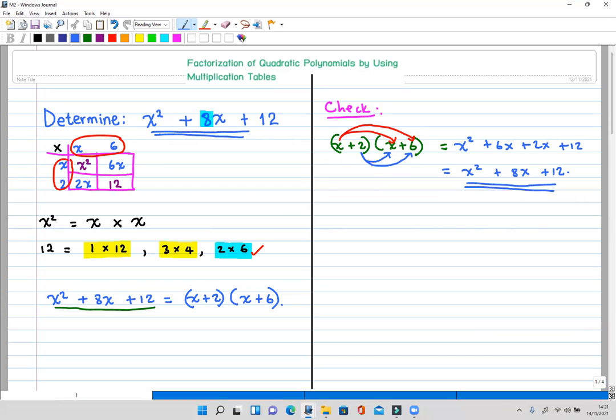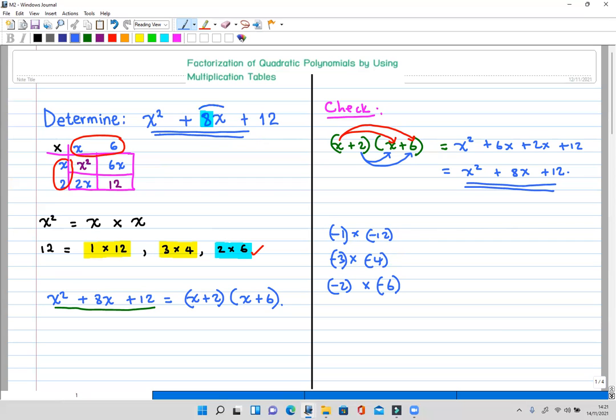The reason why we are excluding -12 times negative 1, and also negative 3 times negative 4, and also negative 2 times negative 6, is because when we add here, we are going to get negatives.